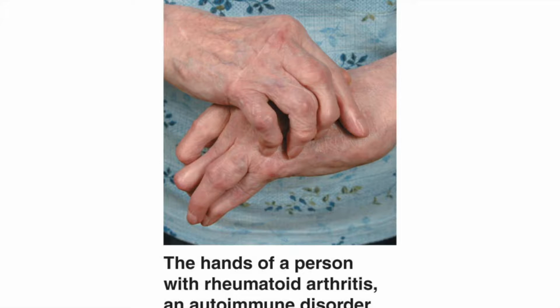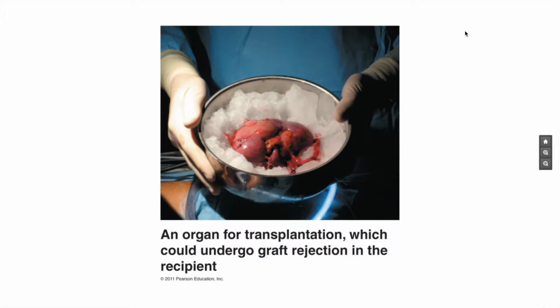Insulin-dependent diabetes or type 1 diabetes is caused when autoantibodies attack insulin-producing cells in the pancreatic islets. Okay, this is not really an immune disorder, but more like an immune problem. So one problem with organ transplantation is we can have what's called graft rejection.